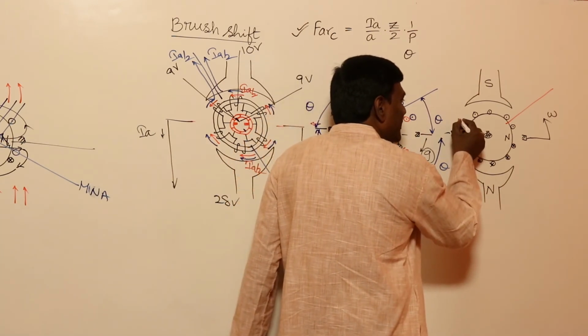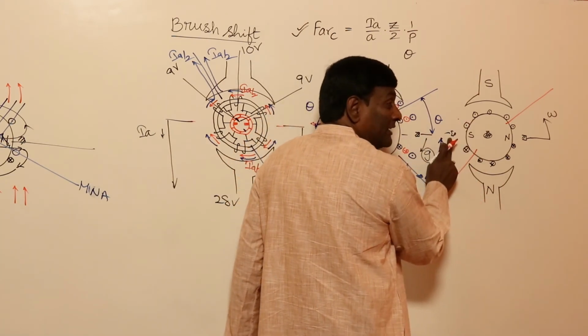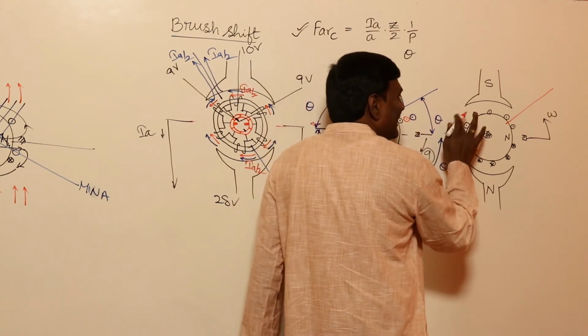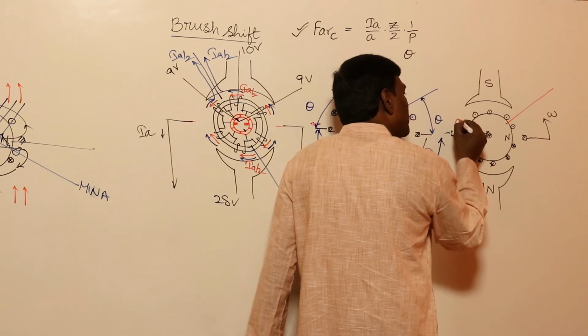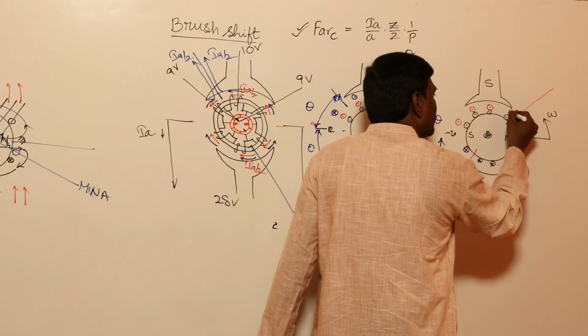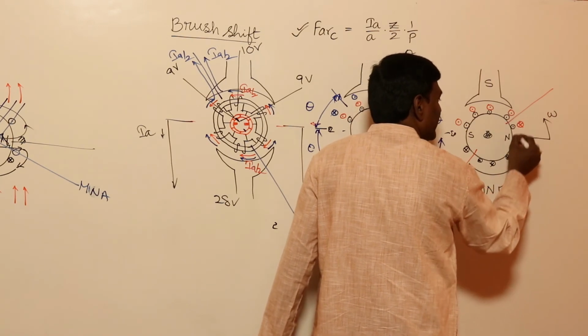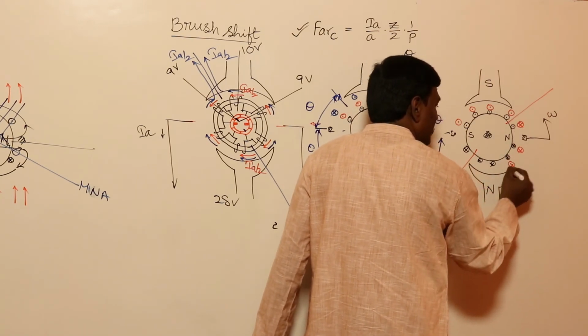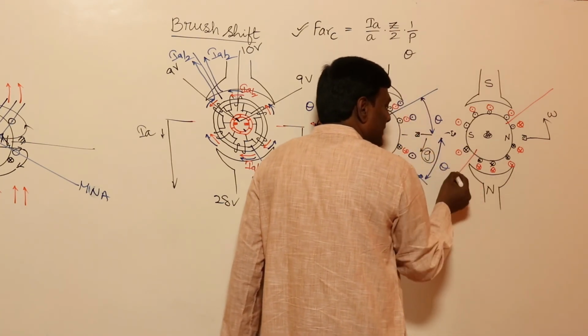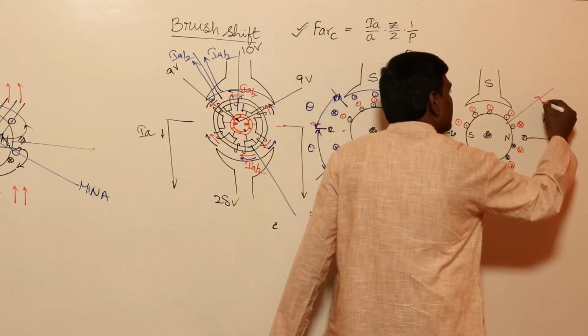Now the current is going to change, because brushes immediately decide the direction of current. So now currents will be changed. So this is going to be dot current, dot current, dot current, dot current, this is going to be cross current, cross current, and this is going to be dot current, because brushes are here now.